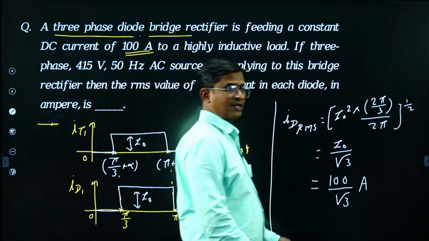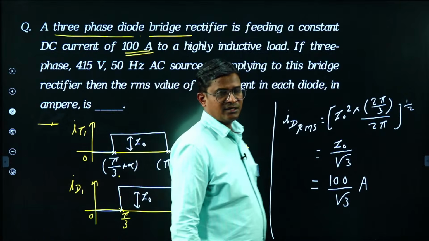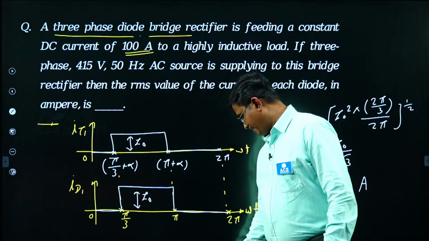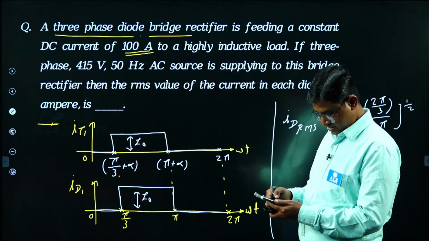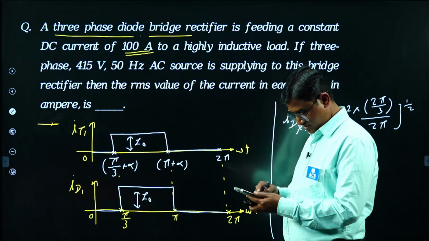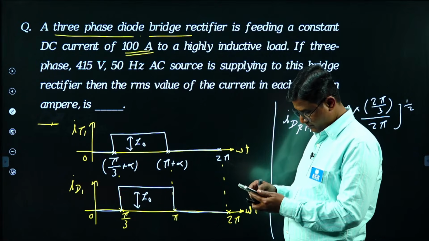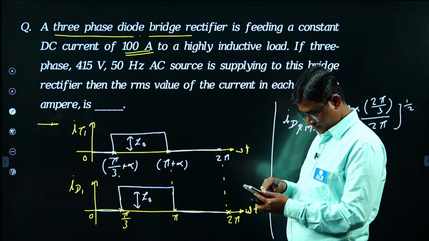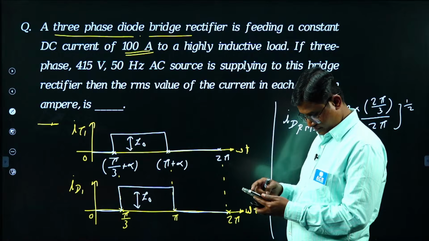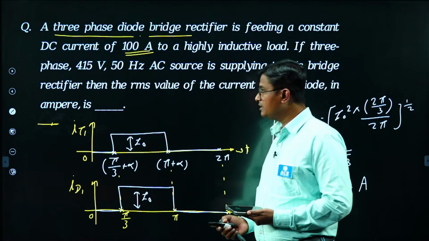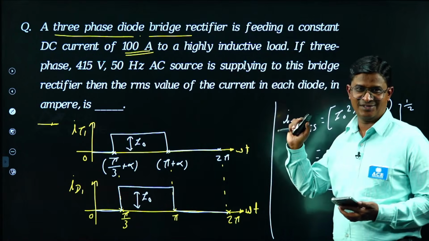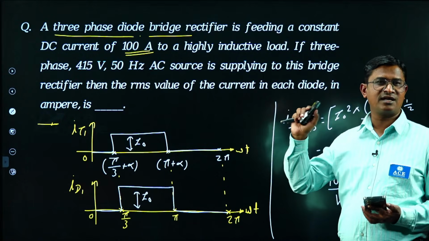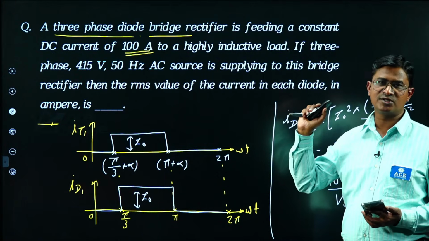You can write that as a fraction. So check, divided by root 3. Here you need to recall, we have drawn everything: the thyristor current waveform, and the supply phase current waveform also.